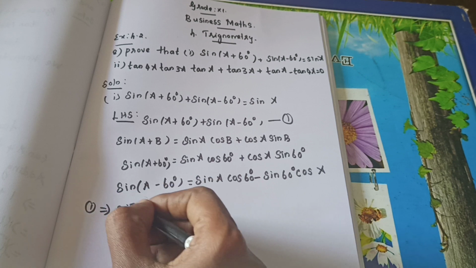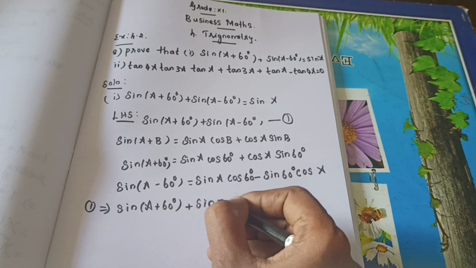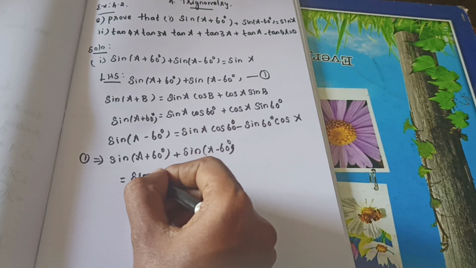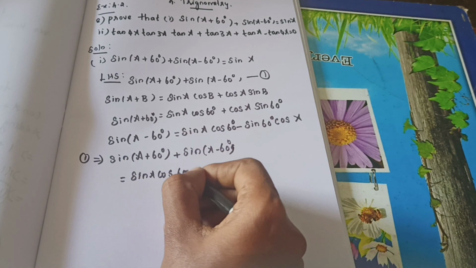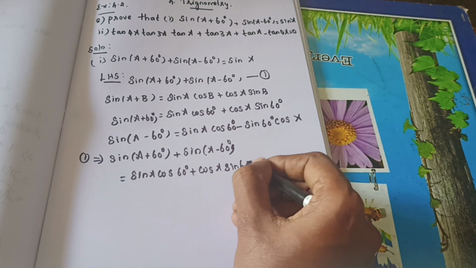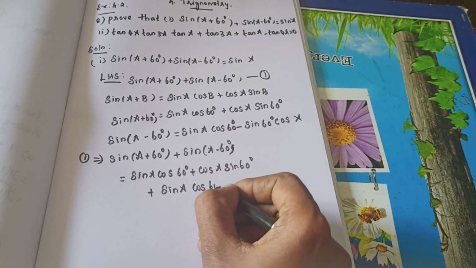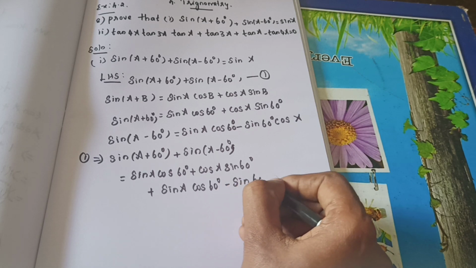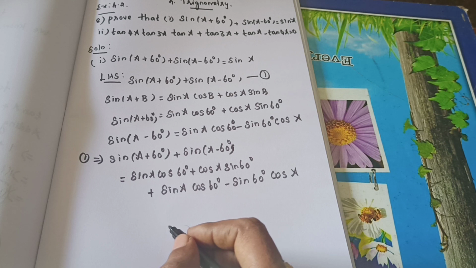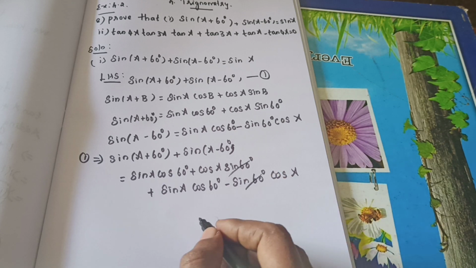Sine (a plus 60 degree) plus sine (a minus 60 degree) equals sine a cos 60 degree plus cos a sine 60 degree plus sine a cos 60 degree minus cos a sine 60 degree. Are there any terms that will get cancelled? Plus sine 60 degree cos a and minus sine 60 degree cos a will get cancelled.